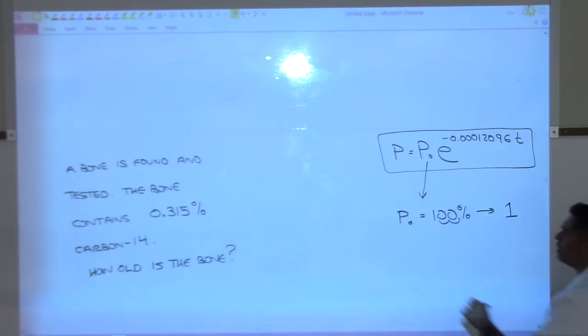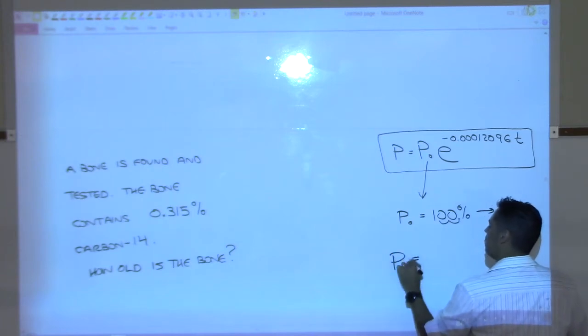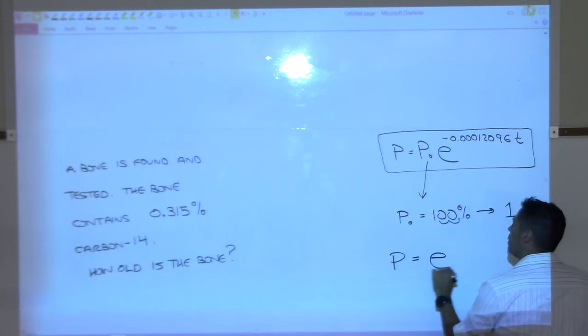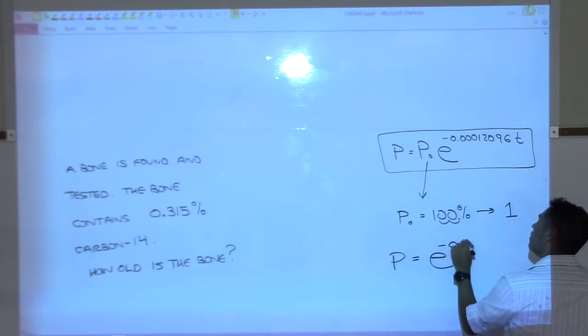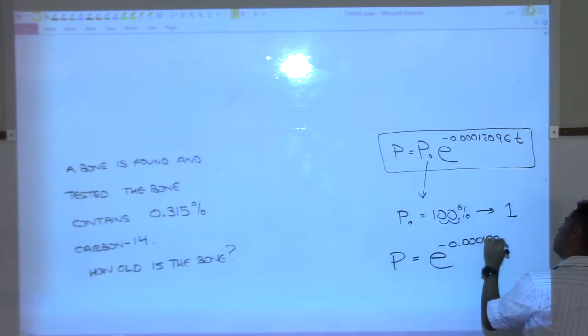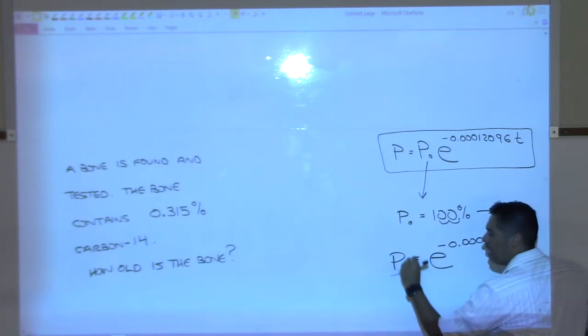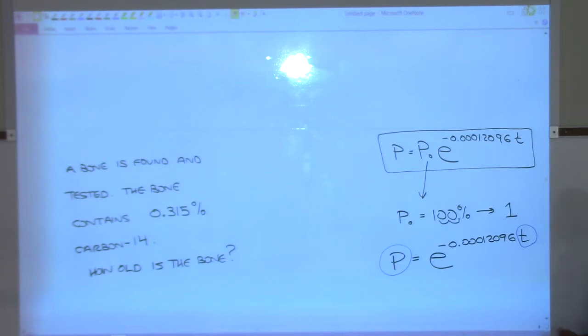So here's what our formula looks like. P equals 1, I'm not going to write the 1, times e to the negative 0.000120996t. We want to know how much time it takes for our final concentration to be what?